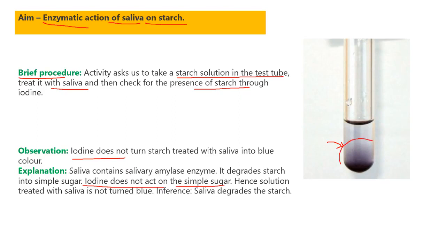Over here we have shown you how starch reacts with iodine, and it is showing bluish black color. But this is the initial test tube. When I put saliva and do the experiment, you won't find this bluish black color, because there is no starch. The starch has been completely digested by the enzyme, that is salivary amylase, and the sugar is formed.